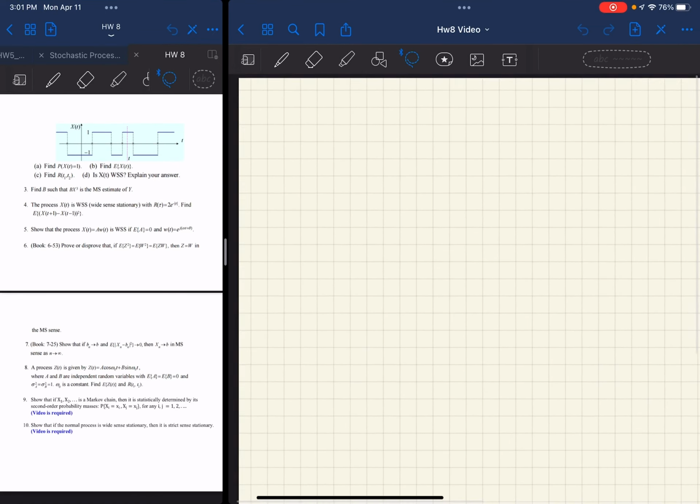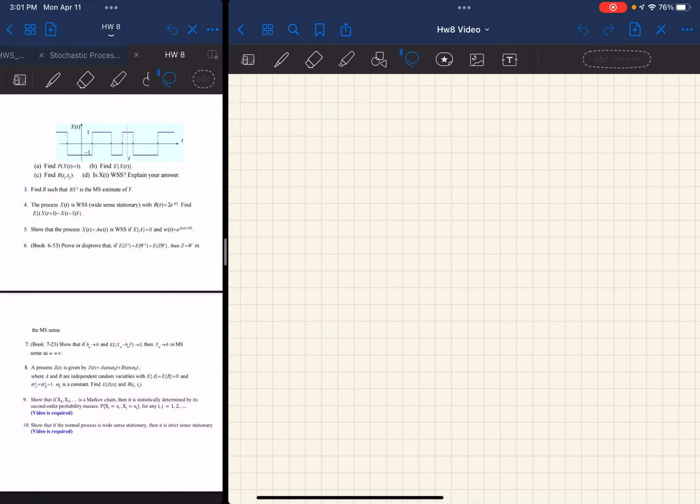For problem 10, we are given a normal and wide-sense stationary process, and we need to prove that it is a strict-sense stationary process.